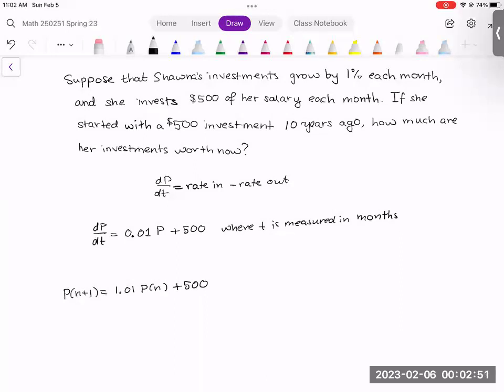And if we were to chunk this up, looking at the change over that month from month n to n plus 1, we see that it's 0.01 times P of n plus 500.